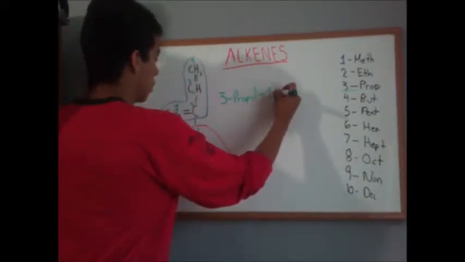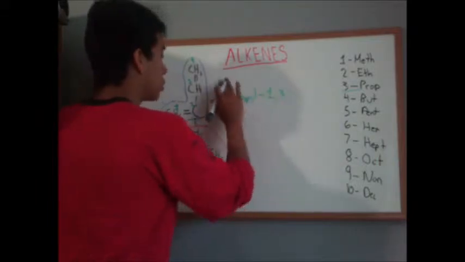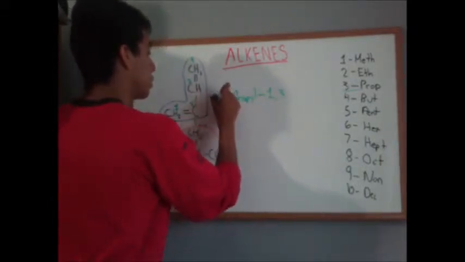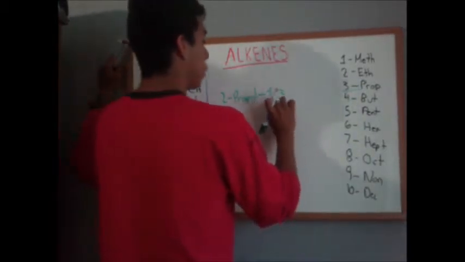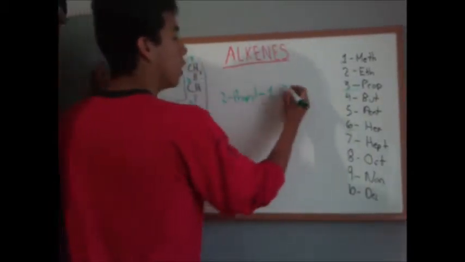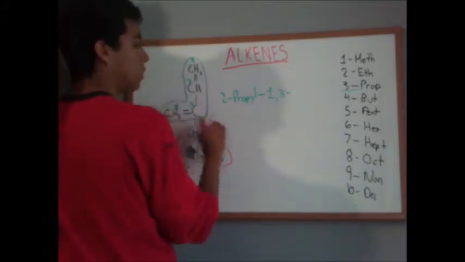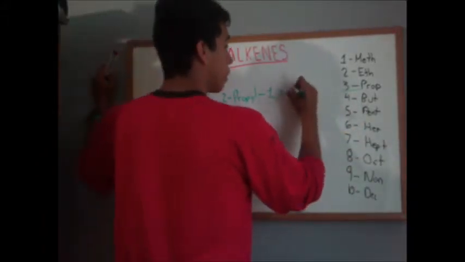Sorry, here it's 2, because it's on carbon 2. Propyl 1,3, because it's 4 carbons, so it's going to be but.